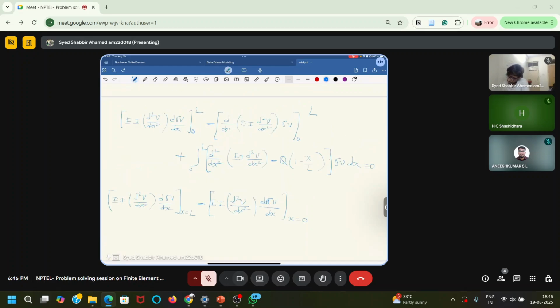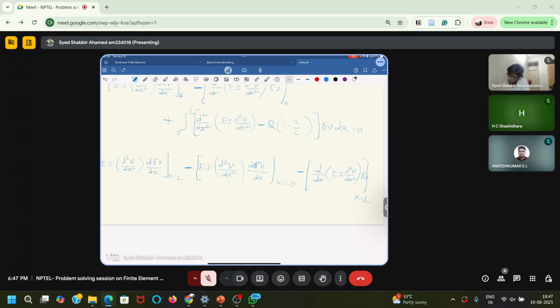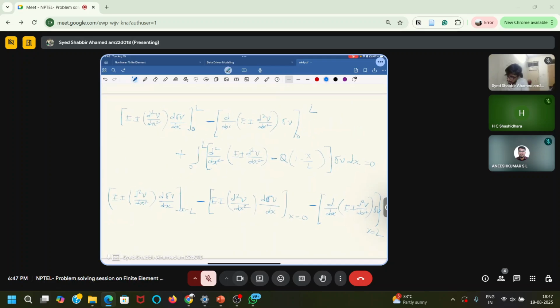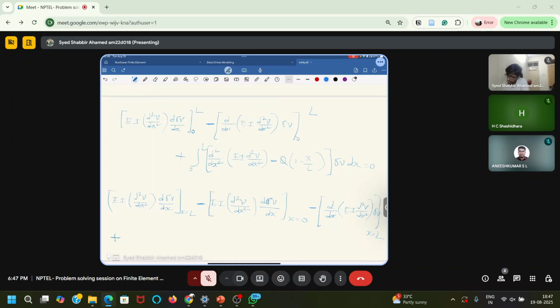And now the second term, which is minus d/dx of EI d²v/dx² δv at x equals L, plus d/dx of EI d²v/dx² δv at x equals 0.